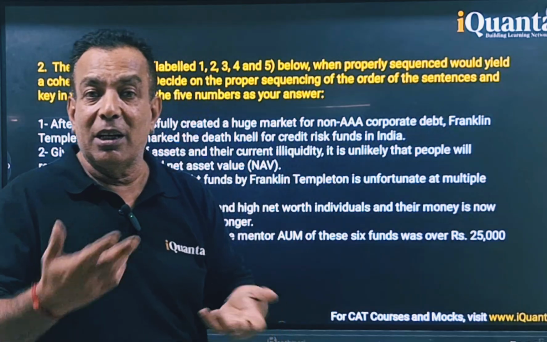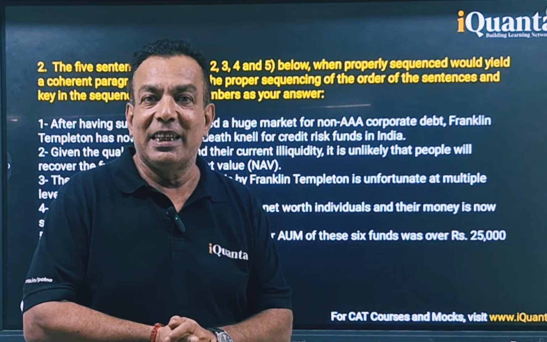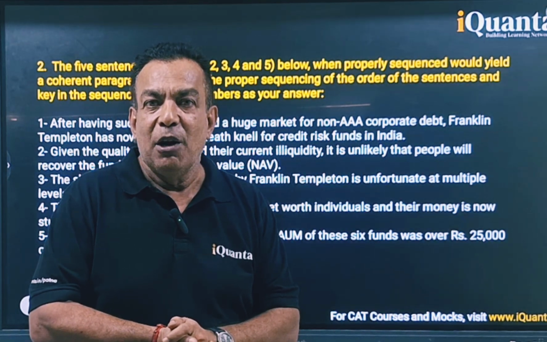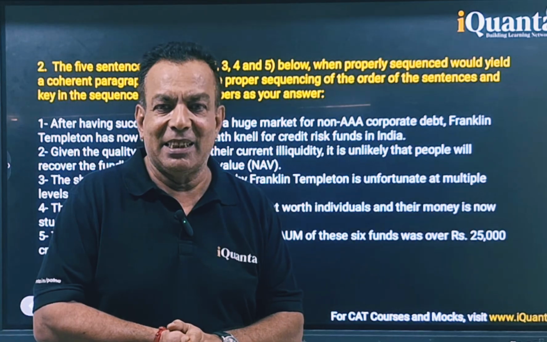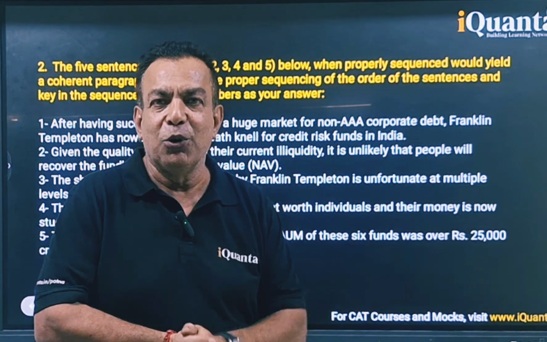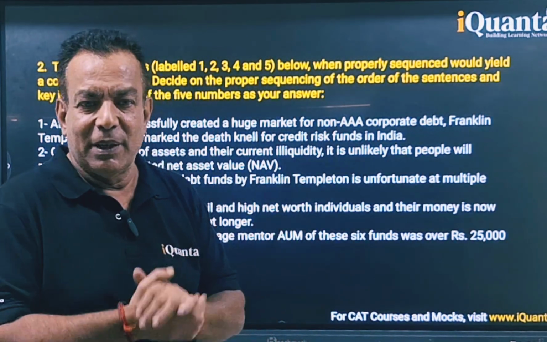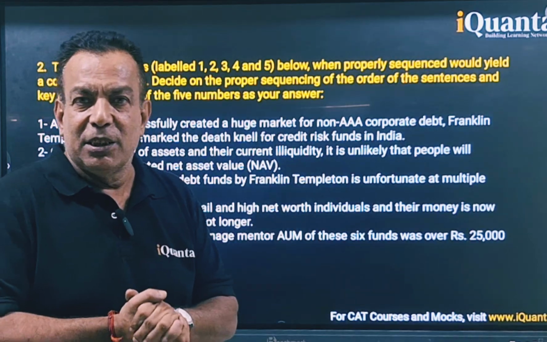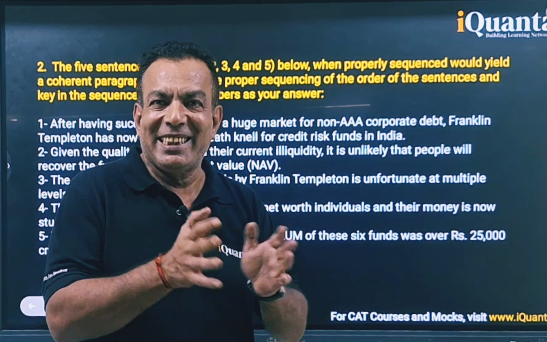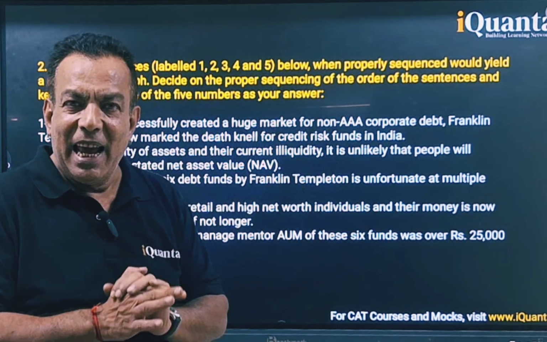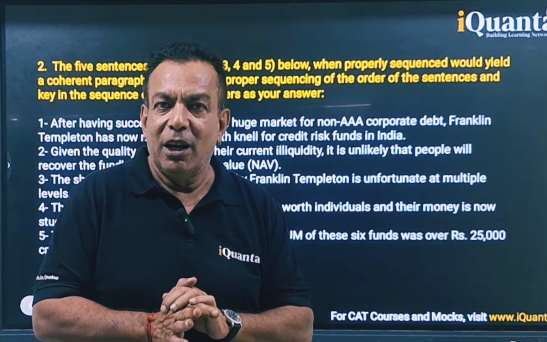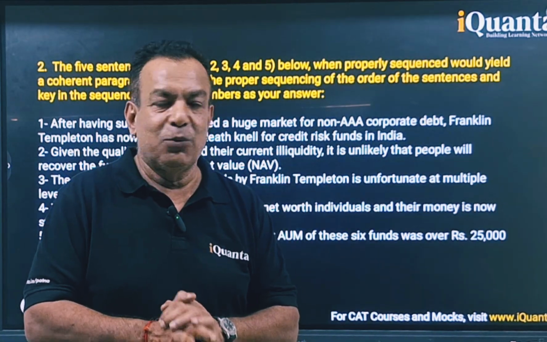So it's giving you the conclusion that it has created an environment in which the investment is not good enough. It is the death knell. It has basically collapsed and suffered major loss. So this is what it is all about.